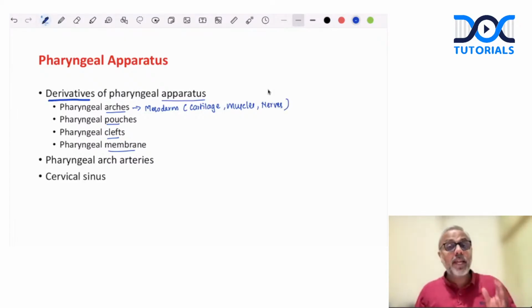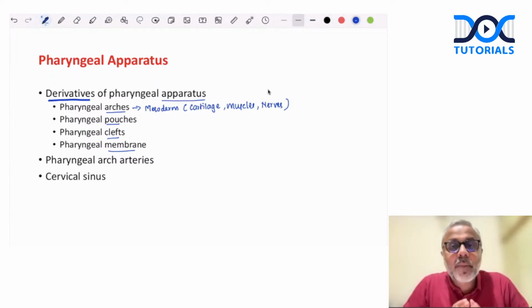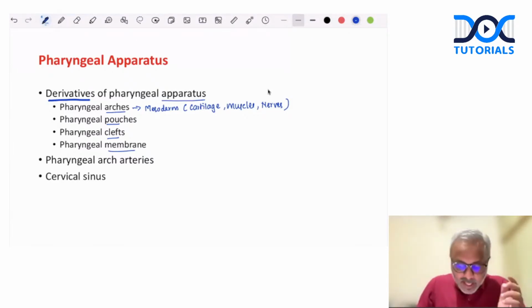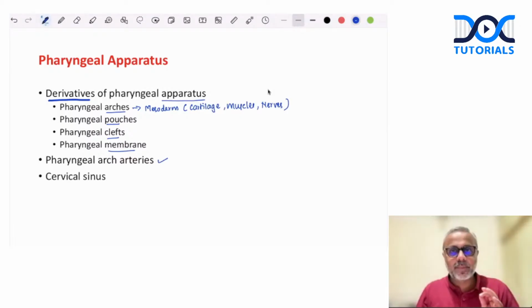These are the main things that we need to discuss when we talk about pharyngeal arches. You might be wondering what happened to the arteries. We will take up arteries separately. Are we clear? So in pharyngeal arches, these are the terms that we will discuss.